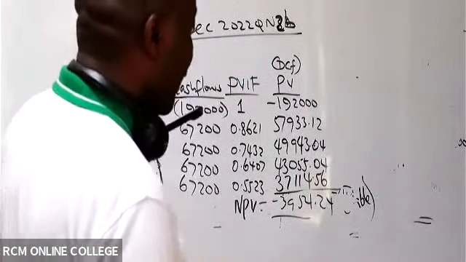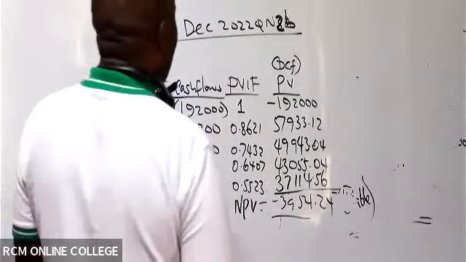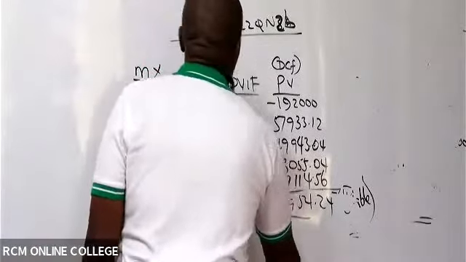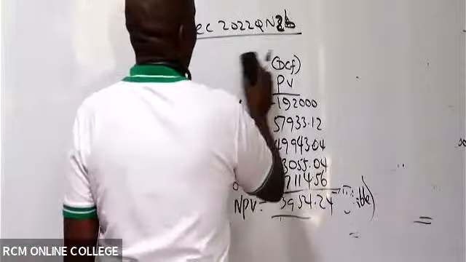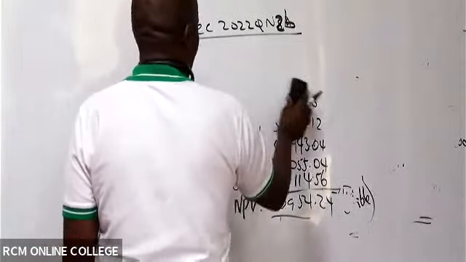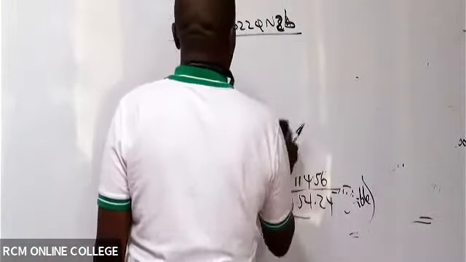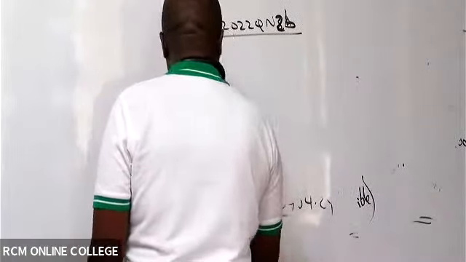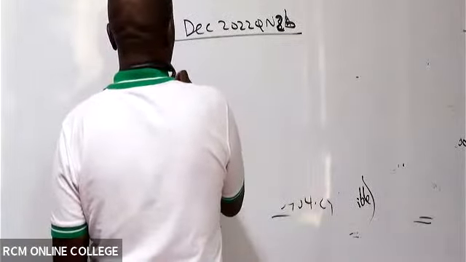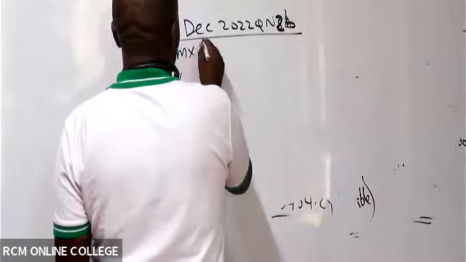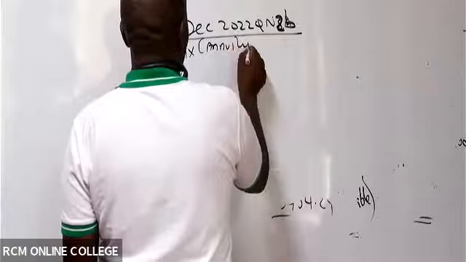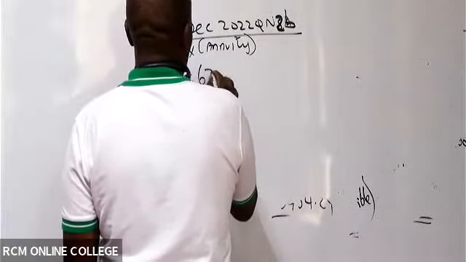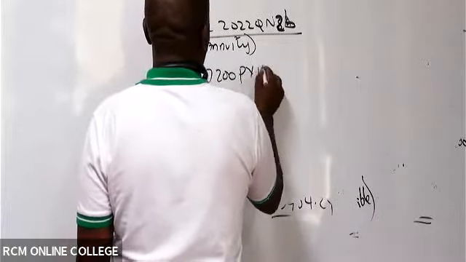Another bright student would have thought of doing this question this way. Somebody would have come here and said, this MX is an annuity. So they would have taken this 67,200 PV-FA.